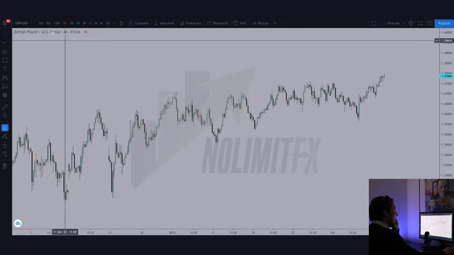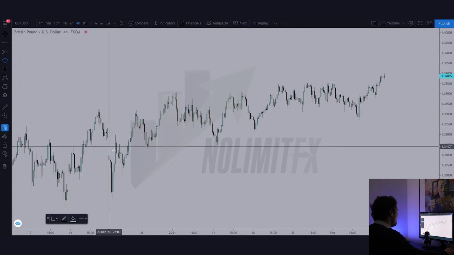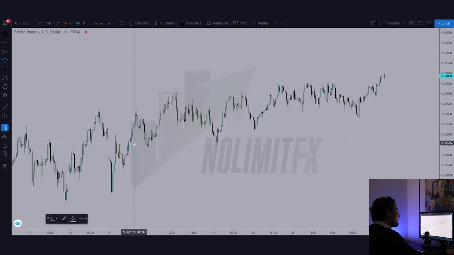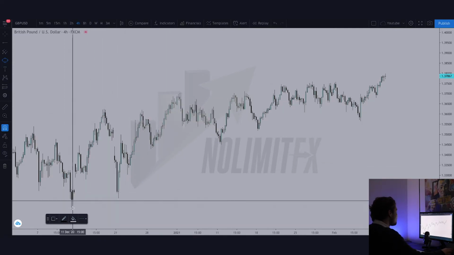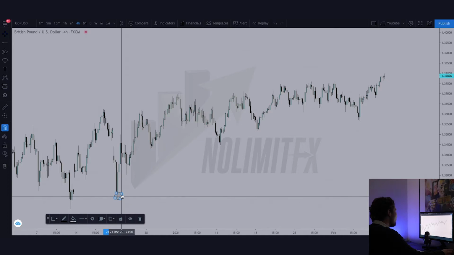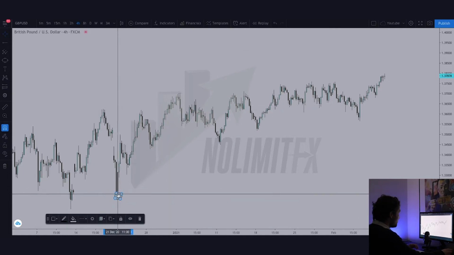And what is important to start with is to define the order flow. Are we in an uptrend? Are we moving up or down? As you can see here from the 4 hourly, here we made a low and here we made a higher low. So this is our first sign that we remain bullish for GBP USD.